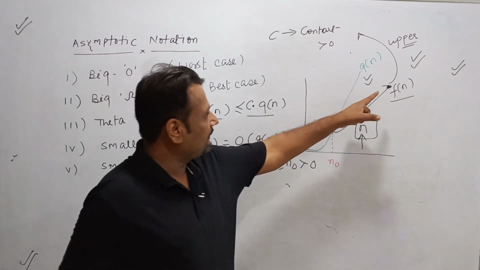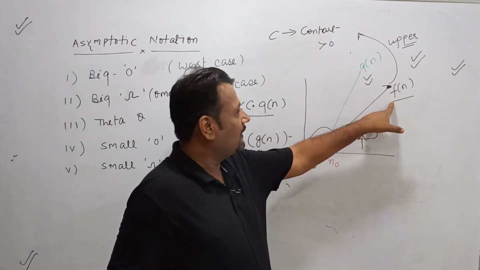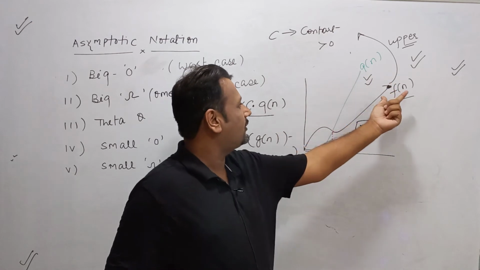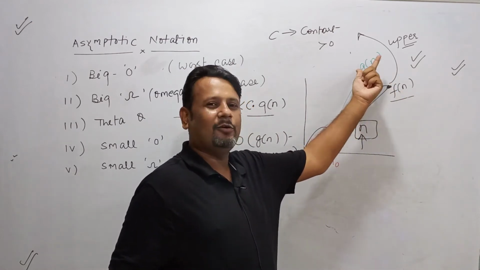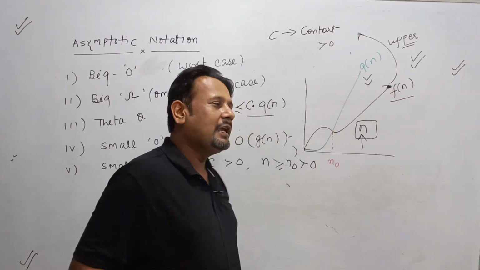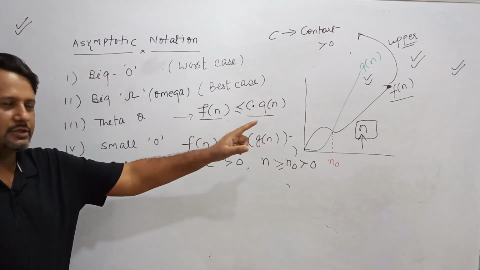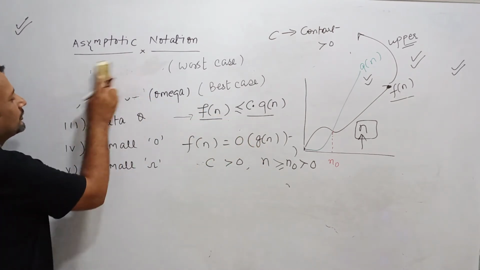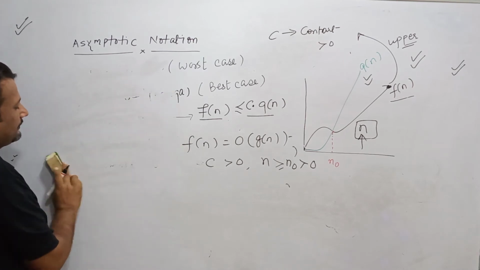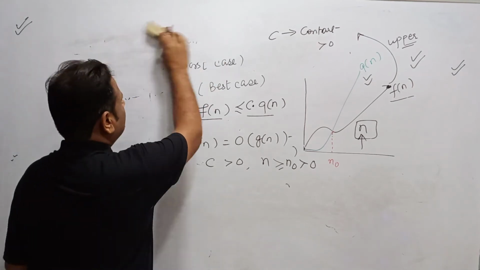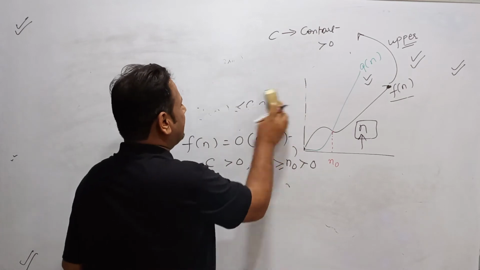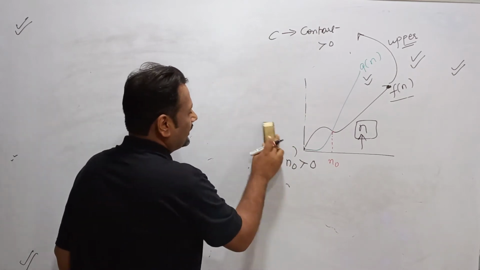If this is defined as worst case complexity, then Fn is always going to be less than or equal to the actual complexity. If that is given, we can write Fn is equal to big O Gn. Let me take one example so you can understand it better. We'll have a detailed discussion about big O notation.